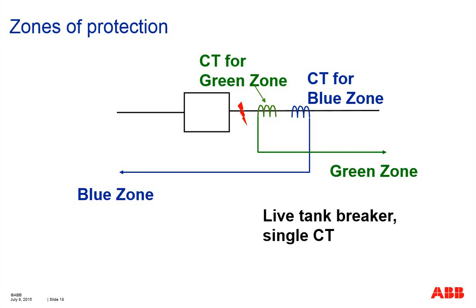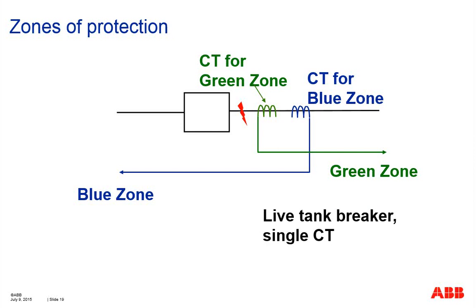Because of cost, you would typically not install live tank CTs on both sides of the breaker, because CTs are expensive, especially live tank type. You need an insulator, you need a steel, you need a stand. So typically you will only have a CT on one side. You see this a lot for live tank type CTs.